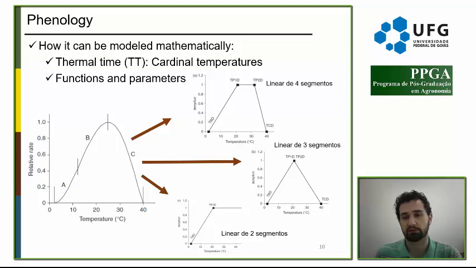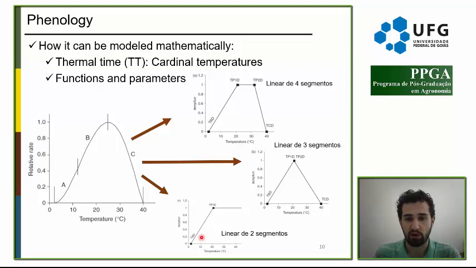And we have the third option, that is the linear with 4 points, where I have the one base, two optimum temperatures, and the maximum air temperature for this crop. So we can use this approach here to estimate the development of the crop. Okay, so I have these three options, different models using these three approaches.